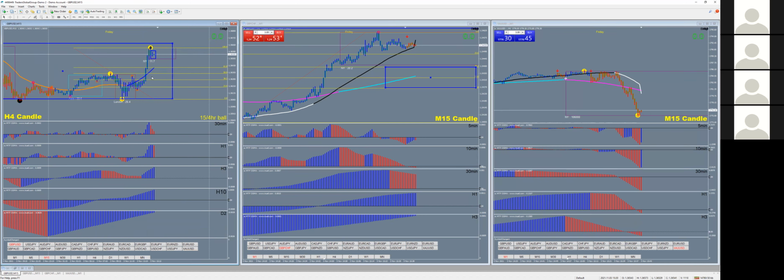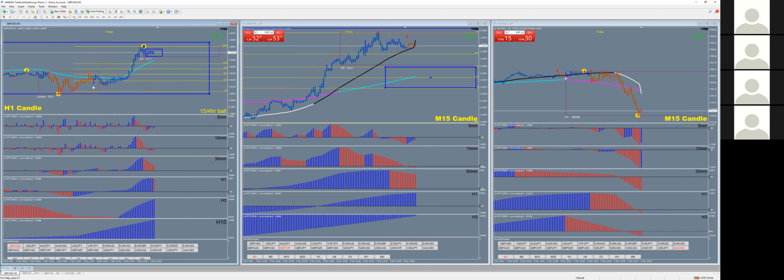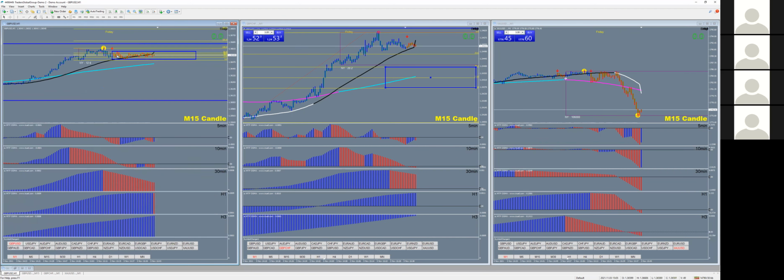So we're gonna be looking for a low of the session and to see if it's gonna continue to go up or just stay in this range. Pound Swiss, it looks like it's trying to get one signal too.